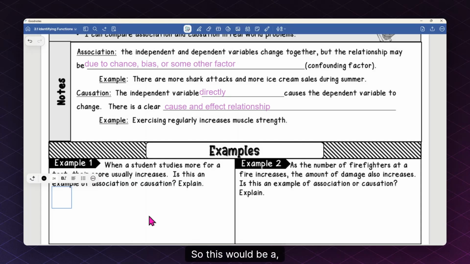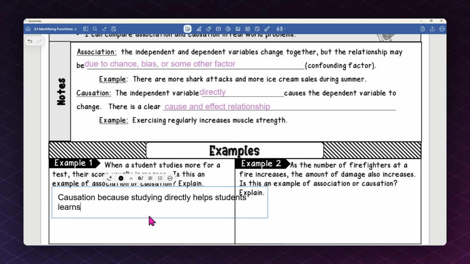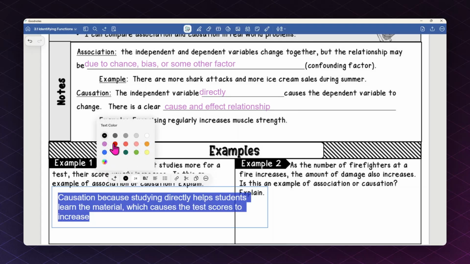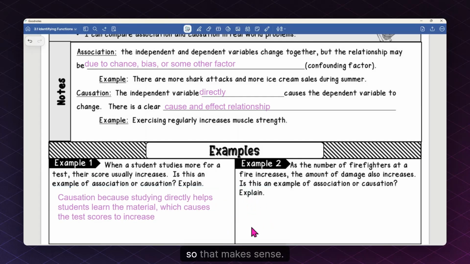So this would be a causation because studying directly helps students learn the material, which causes the test scores to increase. Okay, so that makes sense.